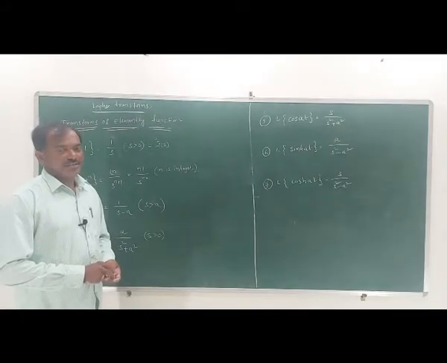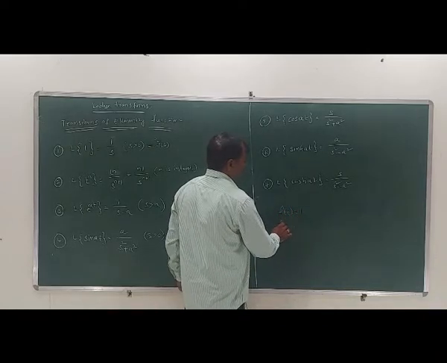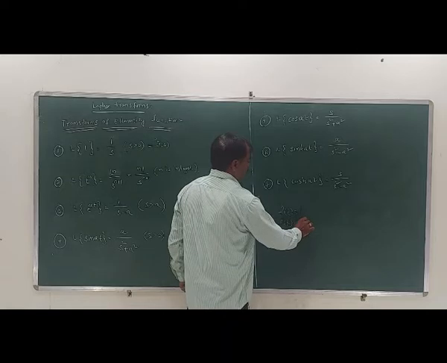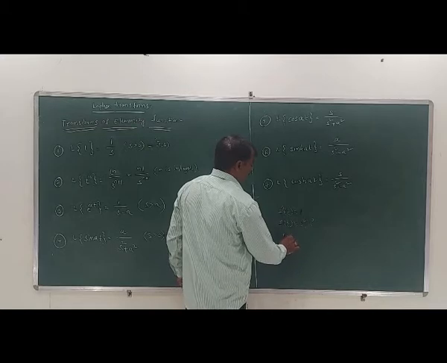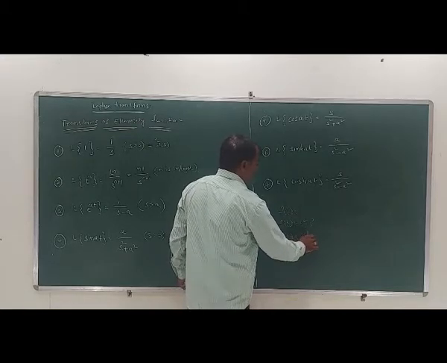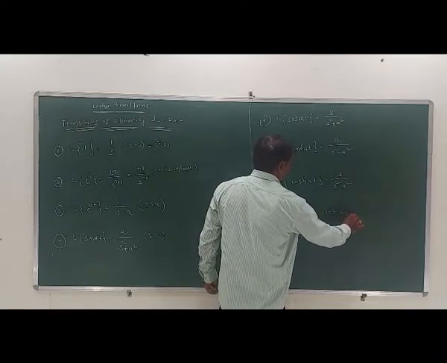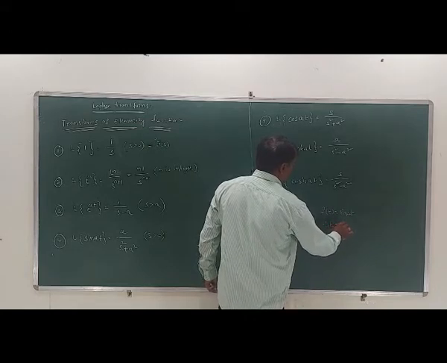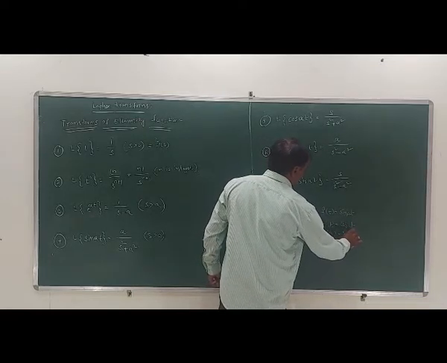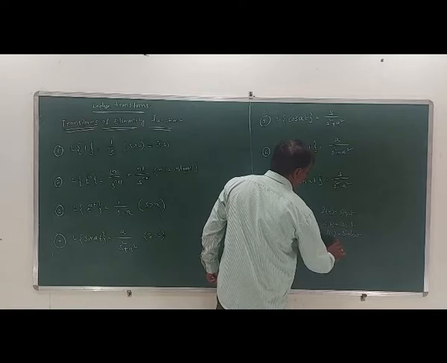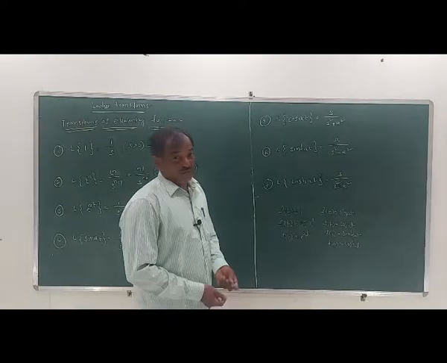Elementary functions means f of t equal to 1, f of t equal to t square or t power 3 and so on, f of t equal to e power at, f of t equal to sin at, f of t equal to cos at, f of t equal to sin h at, and f of t equal to cos h at. So these are called the elementary functions.